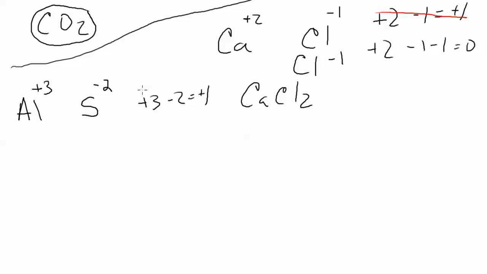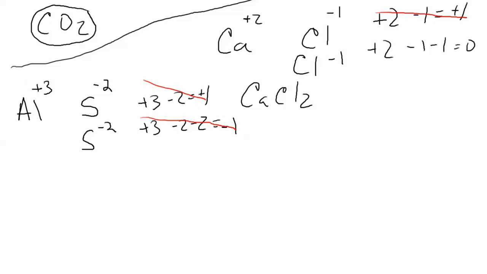That is not equal to 0, so that's no good. It looks like we've got too much positive oxidation, so we have to add another sulfur. So that gives us plus 3 minus 2 minus 2. Wait a second, that's negative 1. Still not 0. That's no good.